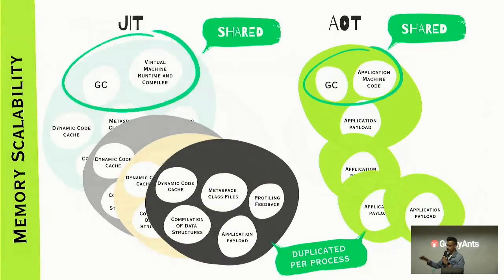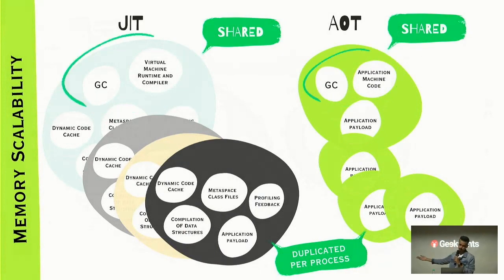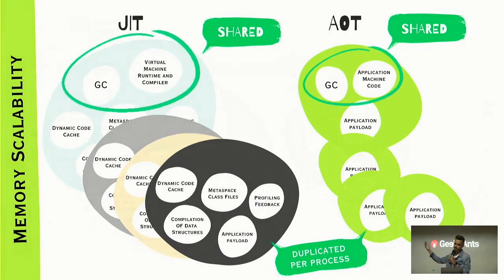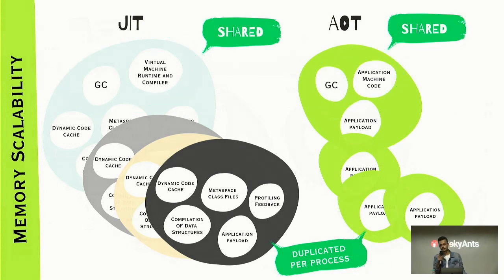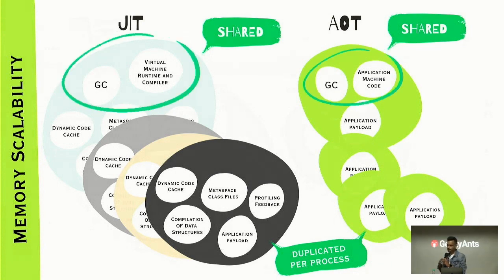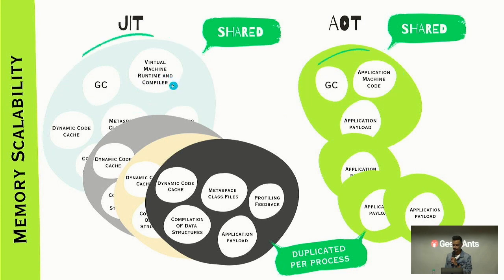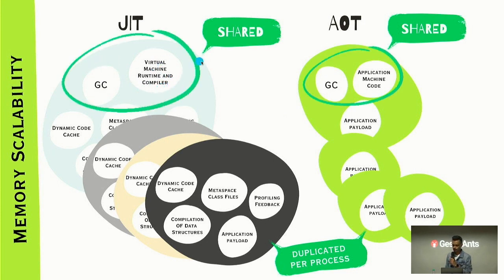Here I tried to provide one illustration of memory scalability. Whenever you are scaling your application, say you are scaling your pod, if you are using JIT, then you can see the garbage collector, VM and compiler are the only shared resources.